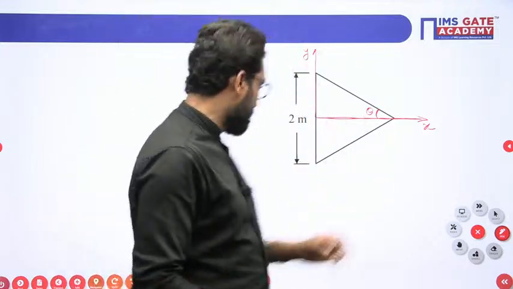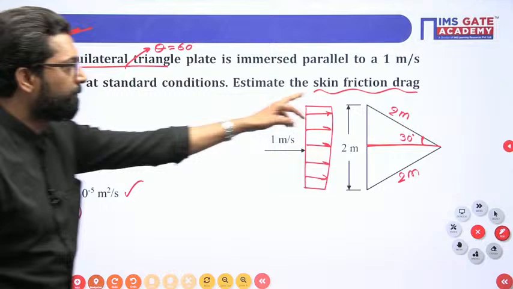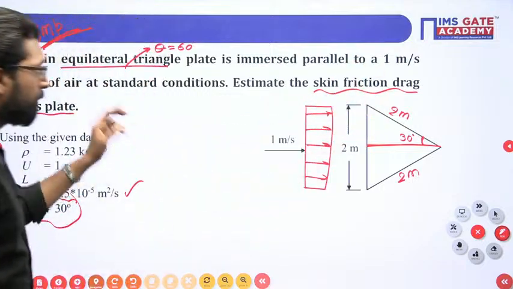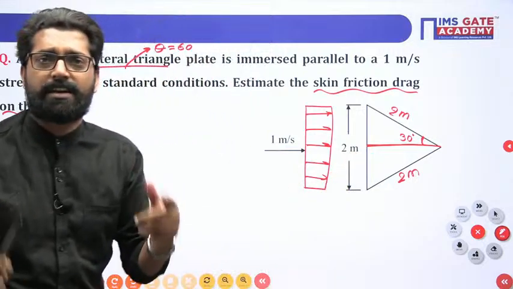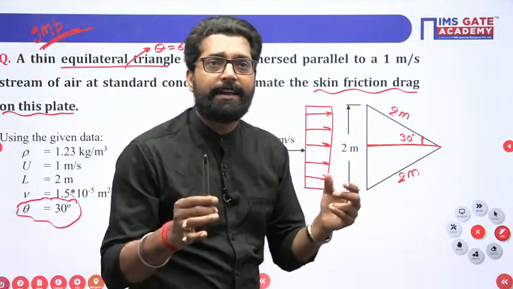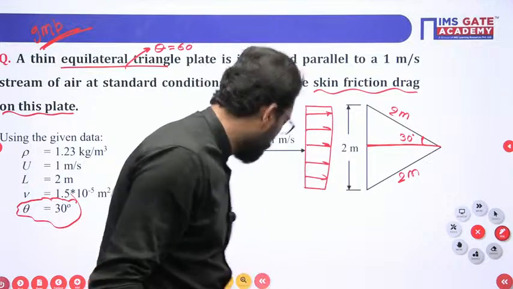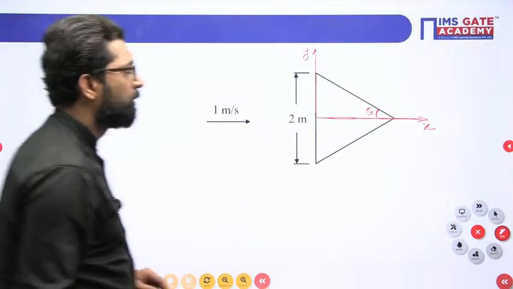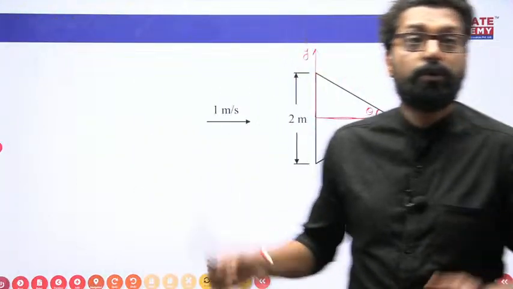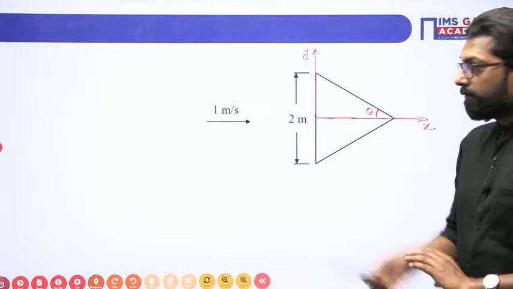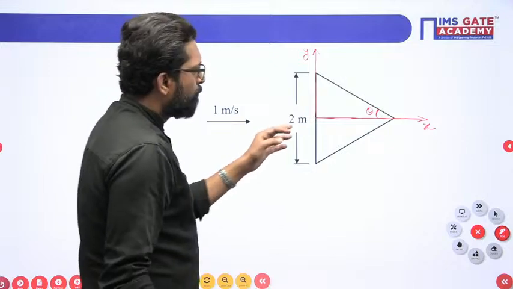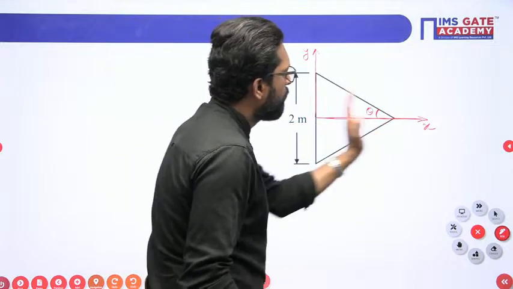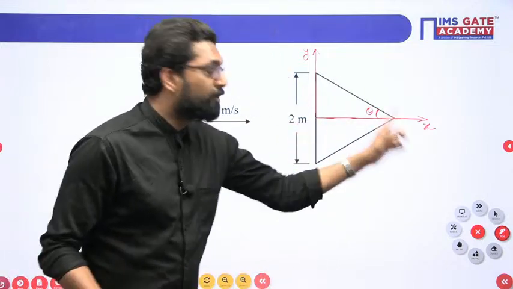Accordingly, you have to find the drag force, the skin friction drag. So whenever you see a skin friction drag in a question, first identify whether the flow is laminar or turbulent. Accordingly, you use the formula. For that, you must have knowledge about the maximum length of the plate.